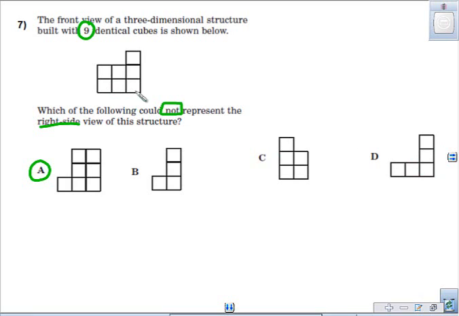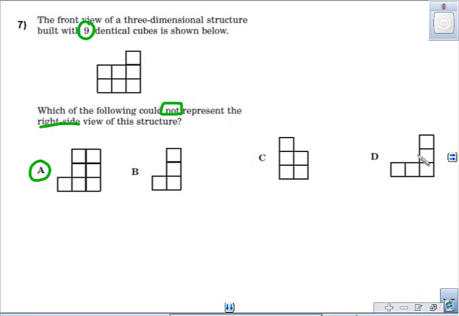And then the front shows that it goes at least 3 across, and that one of them, either the front, middle, or back, goes up at least 2 blocks. So this saying that these only go up 1 means that behind this 3 level, one of them would go up 2.